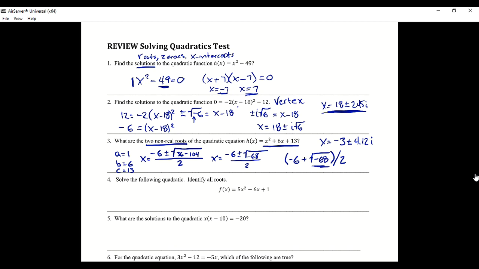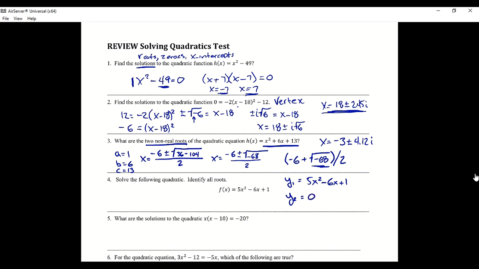Number 4, solve the following quadratic equation, identify all the roots. So we have f of x equals 5x squared minus 6x plus 1. I'm going to walk you through the steps for the calculator. So y1, we're going to put 5x squared minus 6x plus 1. y2, we're simply going to put 0.